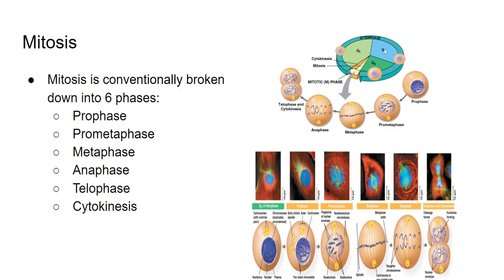But when we get to DNA replication, we're going to replicate these chromosomes. So now we have sister chromatids, and we also replicate centrosomes. So now we have two centrosomes. And those centrosomes are going to be vital when we get to the next few steps of mitosis. In prometaphase and metaphase, we're going to need two centrosomes to pull the sister chromatids away to opposite ends of the cell.